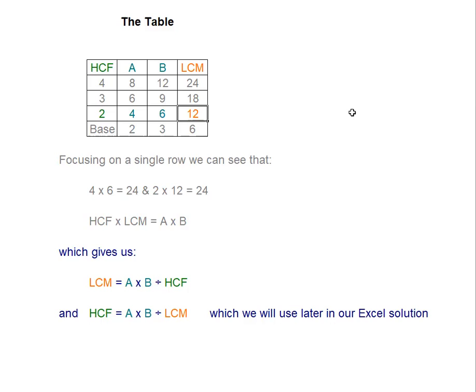Gives us our answer 12, and HCF equals A times B divided by LCM. Gives us our answer of 2. And this bottom one, HCF equals A times B divided by LCM, you will see me using later when we're working in Excel.